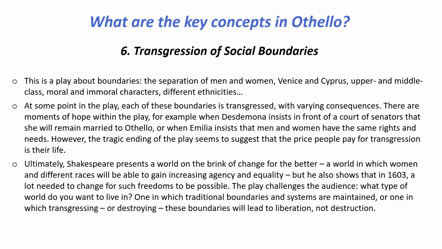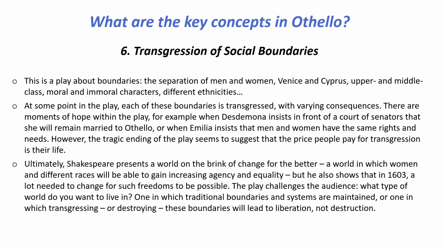Ultimately, what Shakespeare presents us is a world on the brink of change for the better. So Emilia vocalising the rights of women, you know, this presents us with new possibilities for an improved world. Or Desdemona and Othello's marriage, you know, presents us with the possibility that different races can live in harmony.